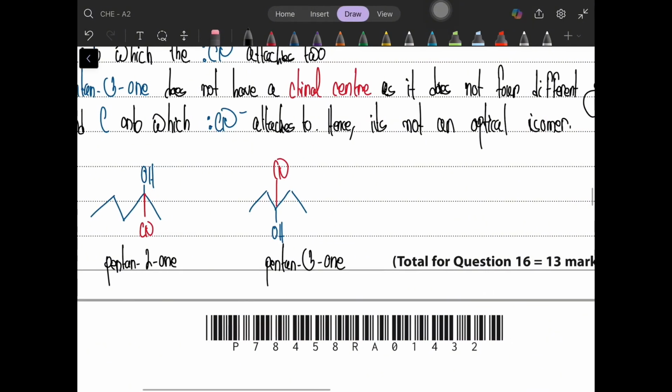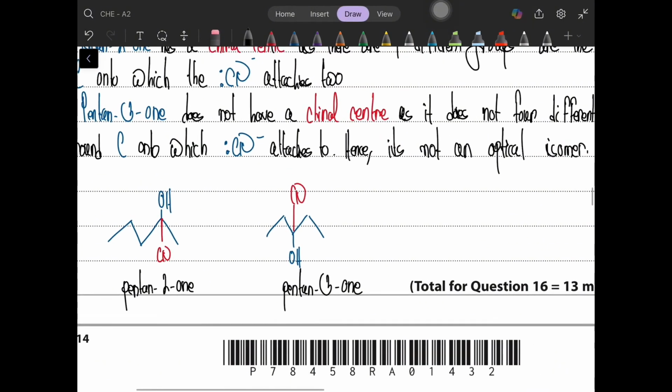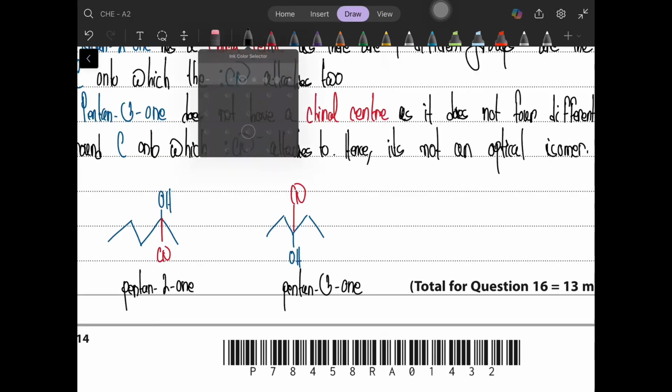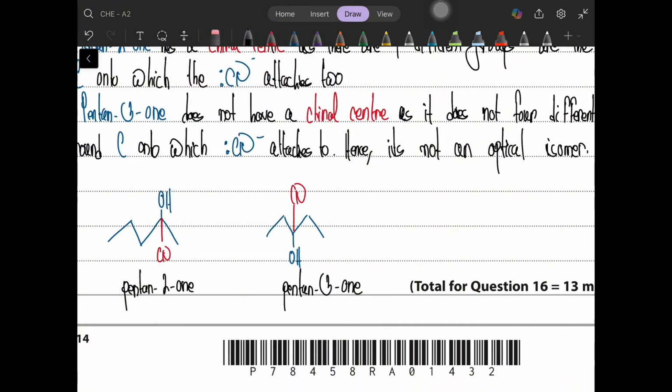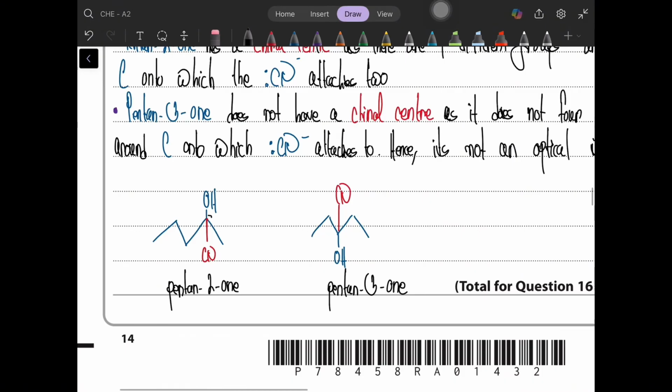One more thing, we have a chiral carbon center over here because we have four different groups, and as we have a chiral carbon center, it would lead to the formation of a racemic mixture, as CN minus could attack from both above or below, right?